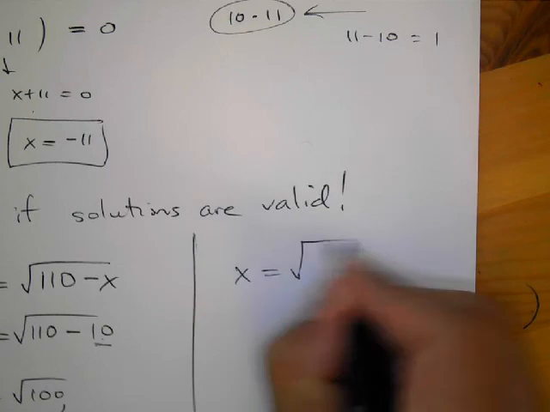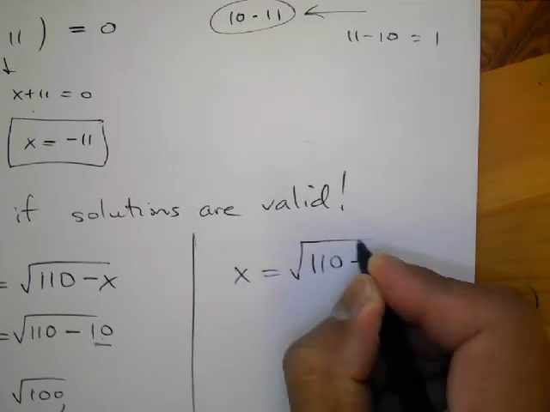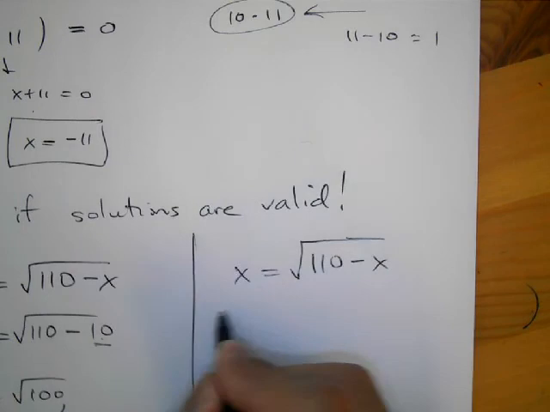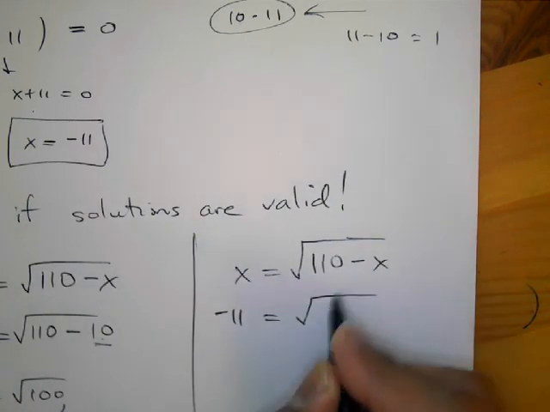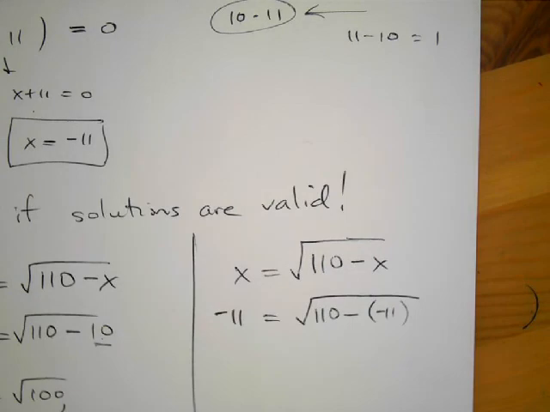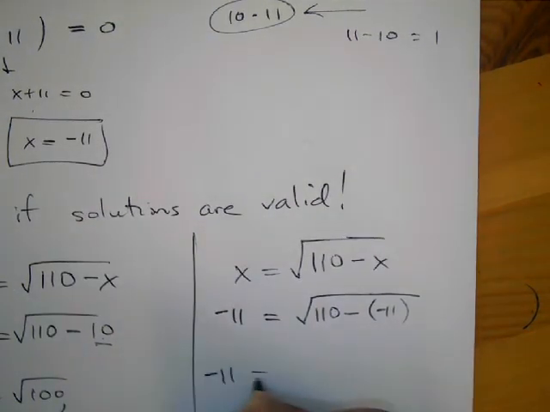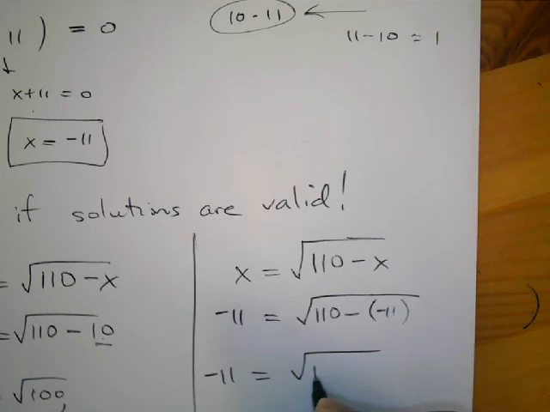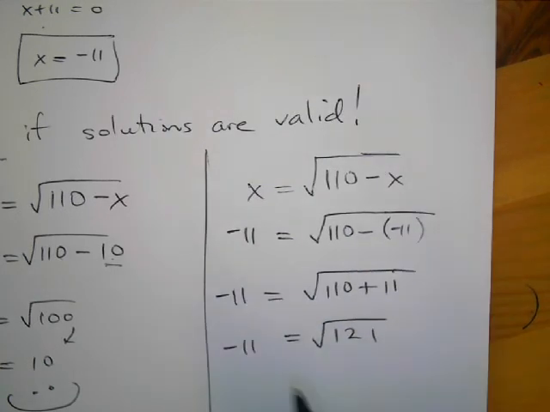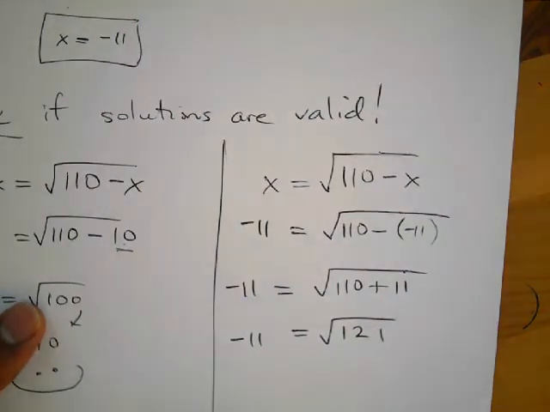But how about negative 11? You think negative 11 is going to work? Let me check that one over here. Again, we write the problem again. Negative 11 is equal to the square root of 110 take away a negative 11. Is that going to work? Let's see. That's going to be 110 plus 11, right?